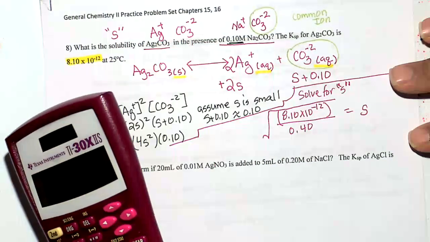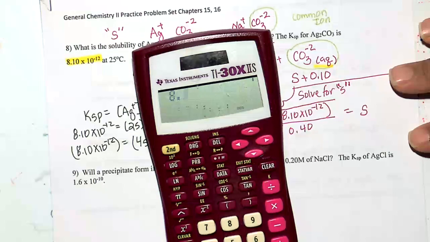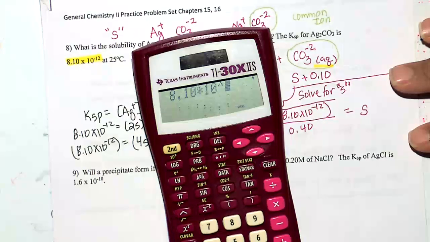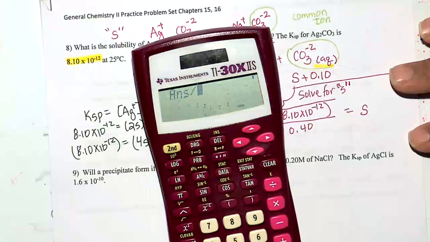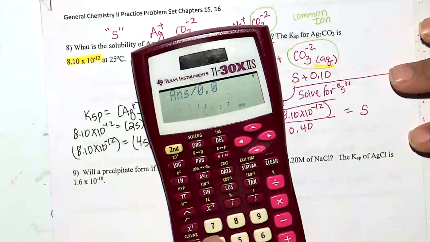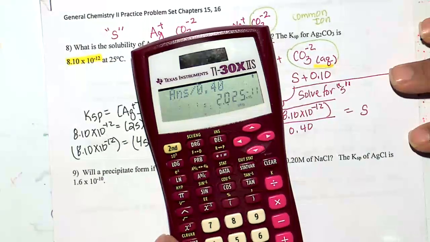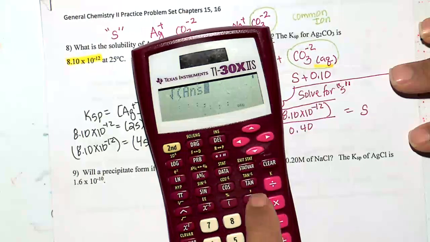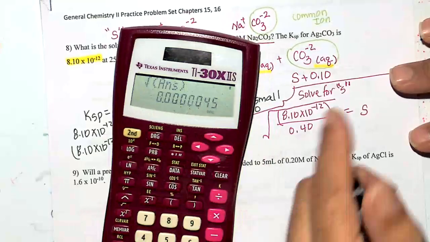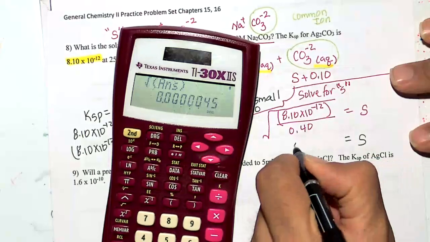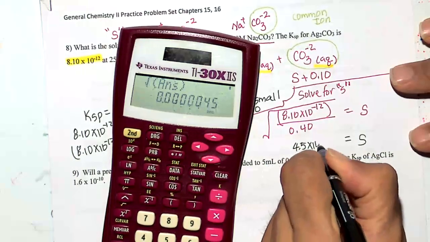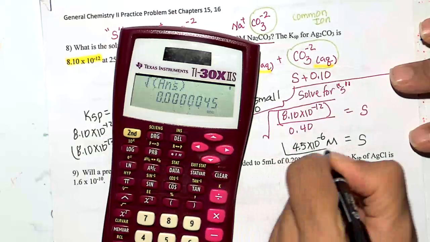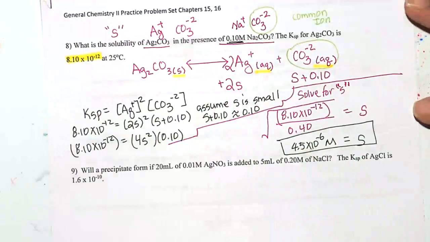Let me try it again. 8.10 times 10 to the minus 12 divided by 0.40. 4.5 times 10 to the minus 6 molar. Okay, so that's your solubility.